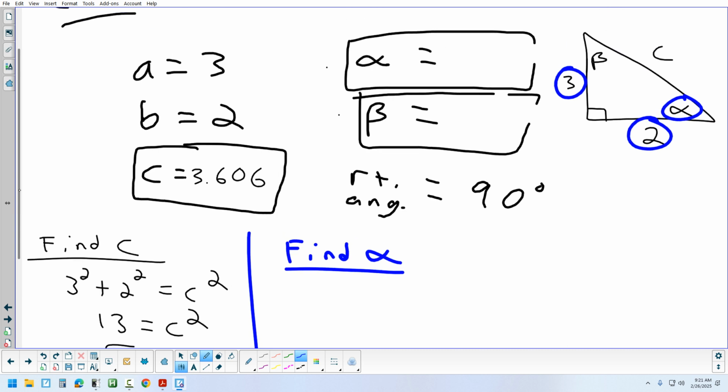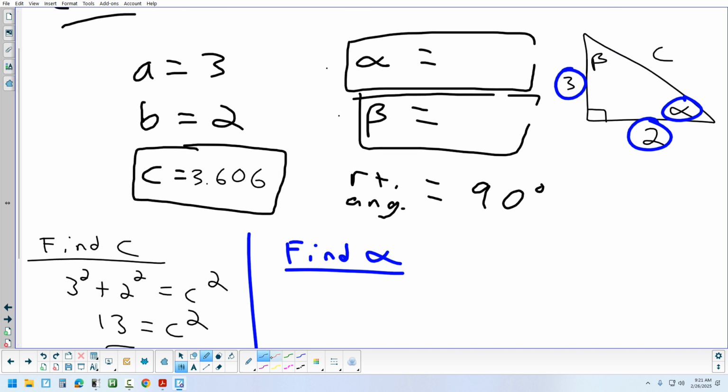Okay, so from alpha, what is the side that's 3 units long? Opposite. And the side that's 2 units long? Adjacent. Now, I could label C as the hypotenuse, but I know I'm never going to use it because it's not something that was given. So why waste time labeling something I'm never going to use? Right?